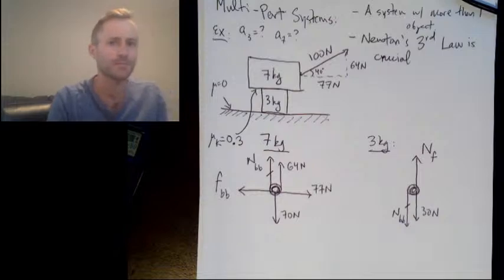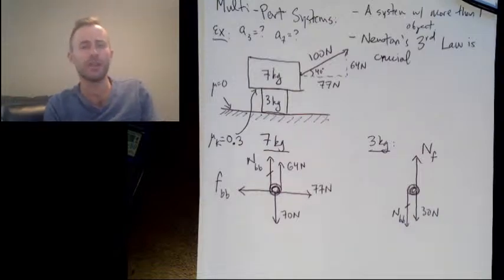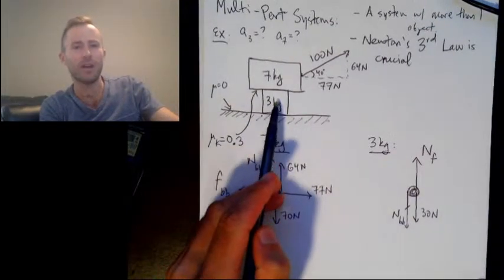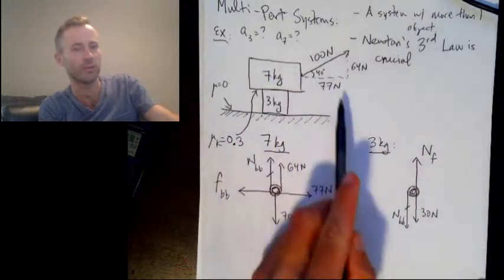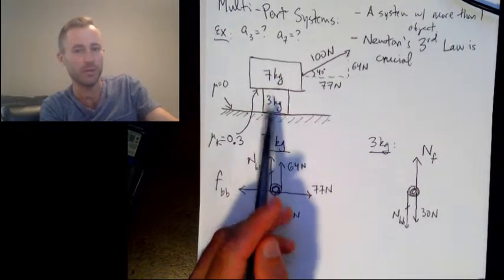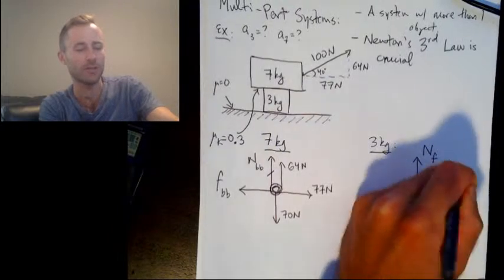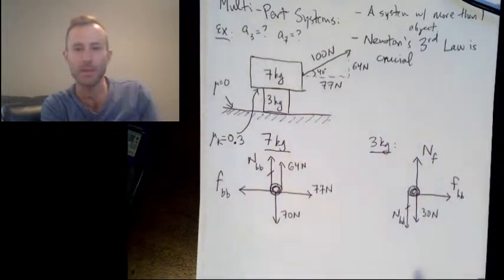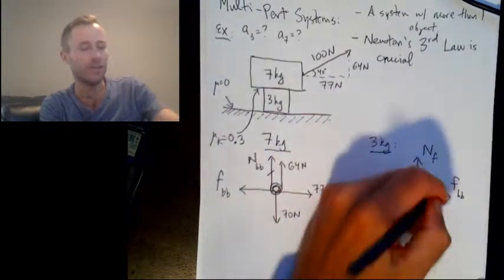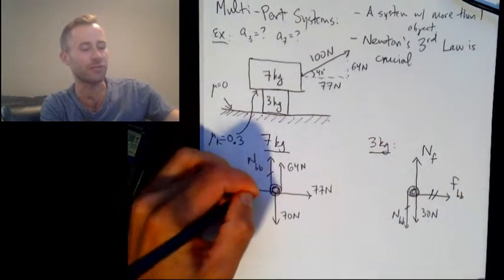And then the 3 kilogram block is actually going to get pulled to the right by the friction between the blocks. So it's going to have friction between the blocks, and these two are an action-reaction pair.